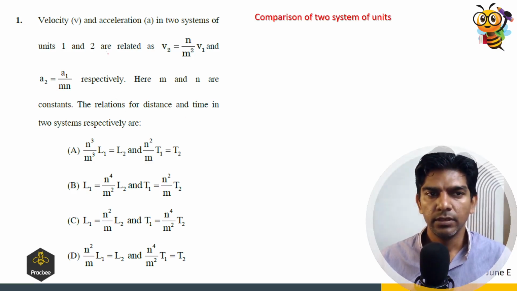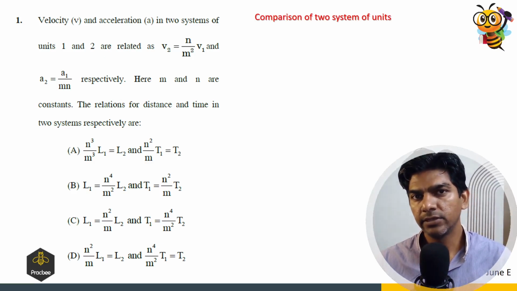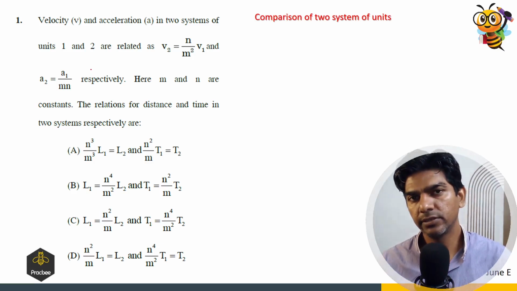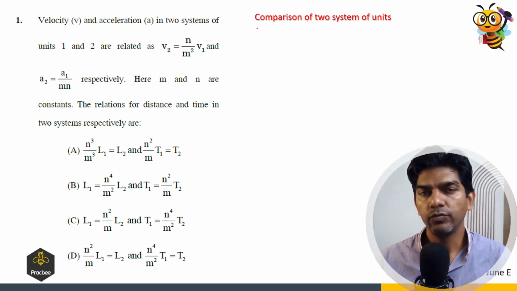So distance in the first system is L1 and the distance in the second system is L2, and similarly time in the first system is T1 and time in the second system is T2. Right, so velocity is given, acceleration is given, and we want to find the relation between acceleration, velocity and time.